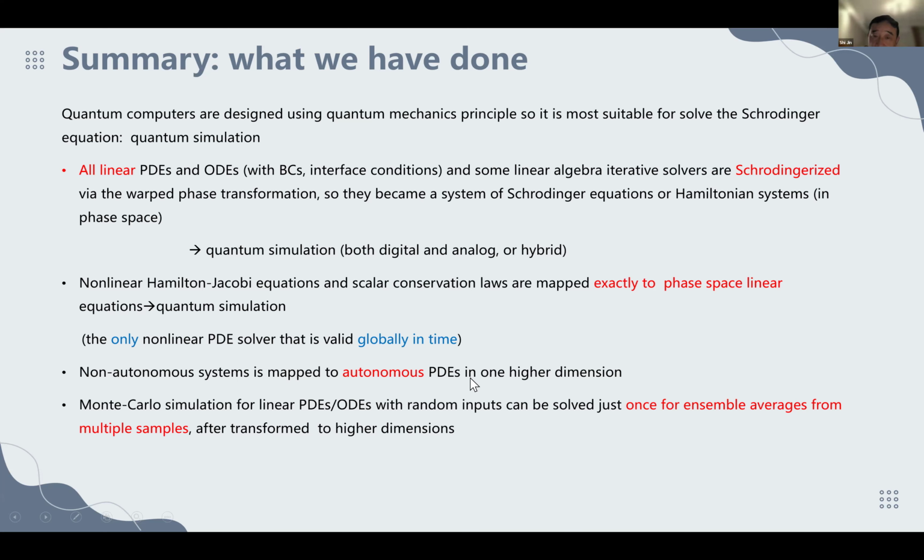And a linear problem remains linear by this idea. And if you have an uncertain problem, a PDE or ODE with uncertain coefficients, if you want to do Monte Carlo simulation, again, we go to higher dimension, we make the random coefficient disappear, all right? And then to find the ensemble average, you only have to solve this PDE once.